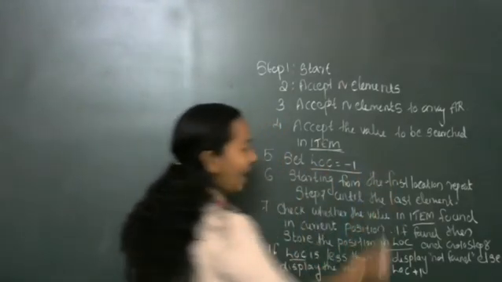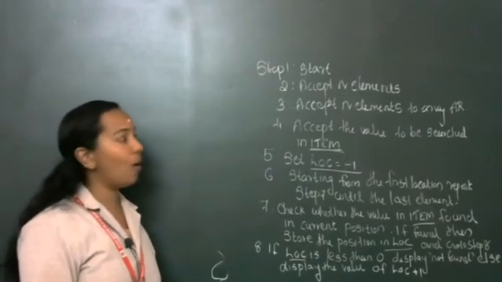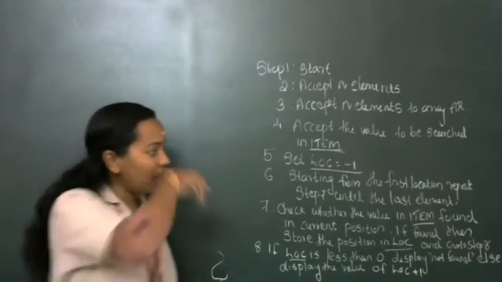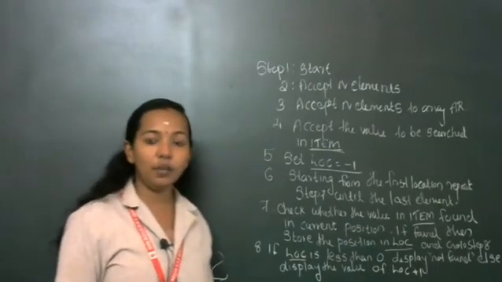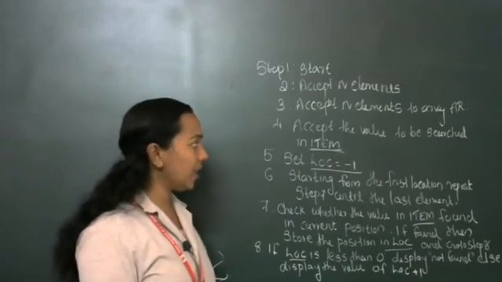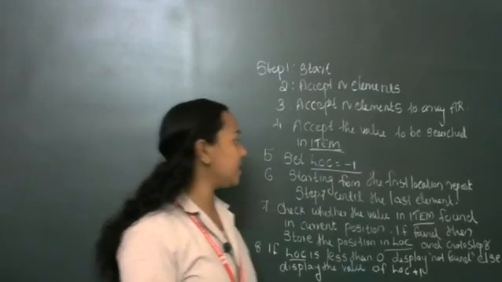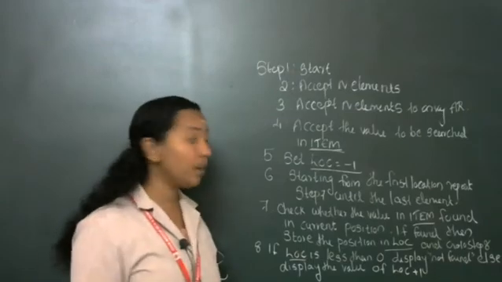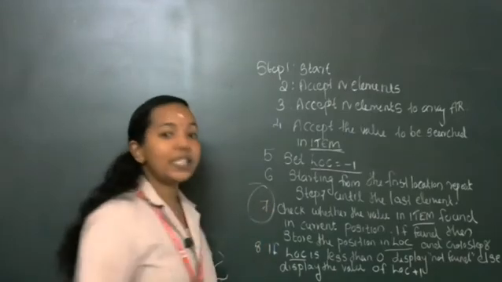This variable LOC is used to specify whether the search is successful or unsuccessful. Then, in step 6, starting from the first location, repeat step 7 until the last element. The main step is step 7.